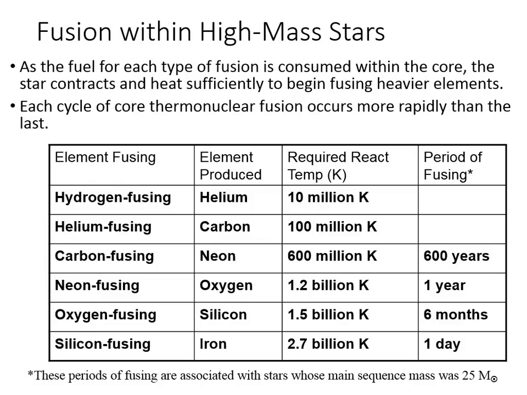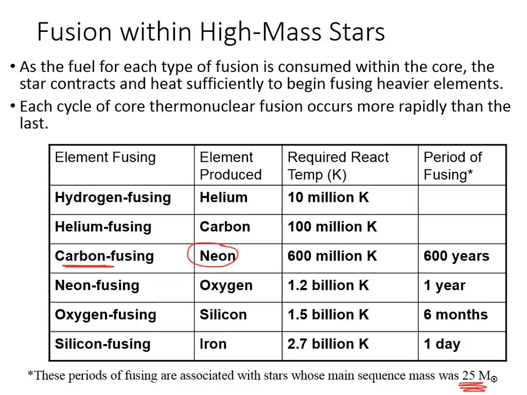And so I put together this table because I wanted to look at it this way. I want to emphasize the later fusing times. These are all as if the star, when it was a main sequence star, was 25 solar masses, clearly a high mass star. Based upon the physics, we know that when it begins fusing carbon, carbon makes neon.